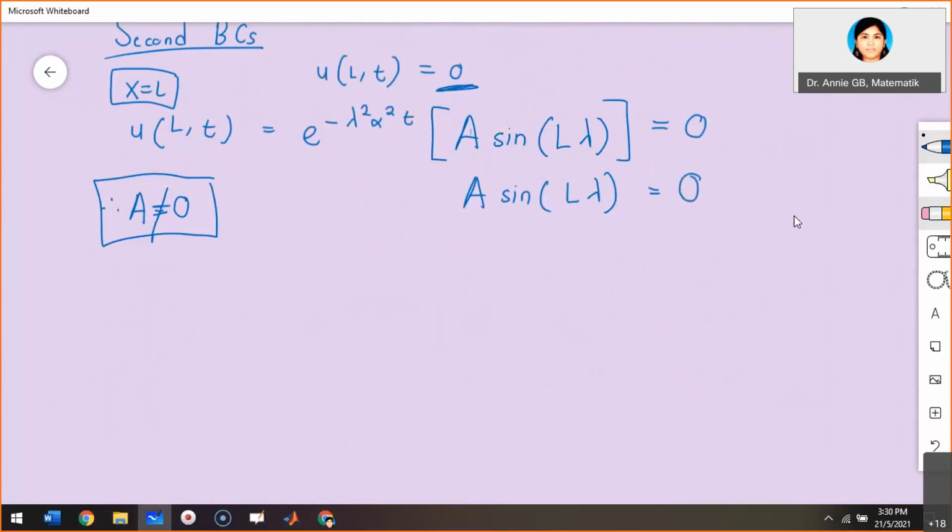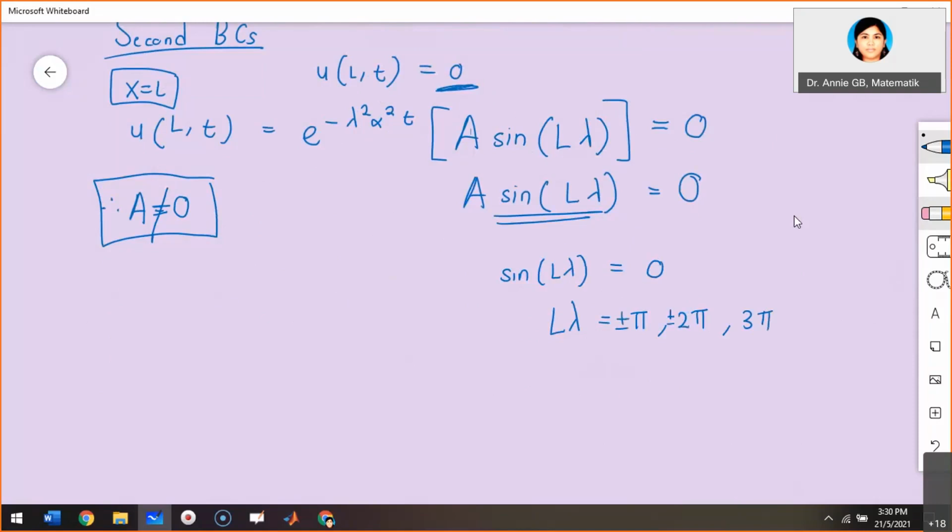So kita kena continue, okay? Hoping that A is not 0, saya kena cari sin L lambda equals to 0. Now, apa nilai di mana sin boleh bagi saya 0? Okay, sin 0 berlaku di pi, 2 pi, 3 pi. Don't forget, negatif pi pun dia akan bagi, so positif negatif pi lah.